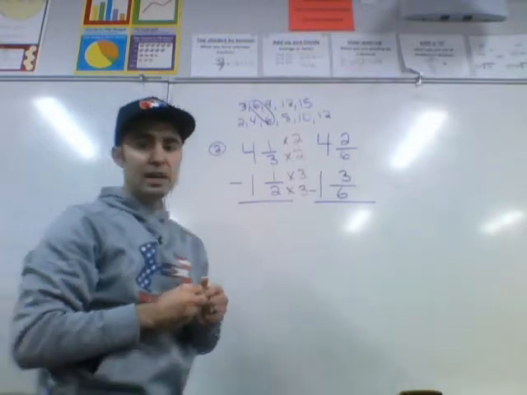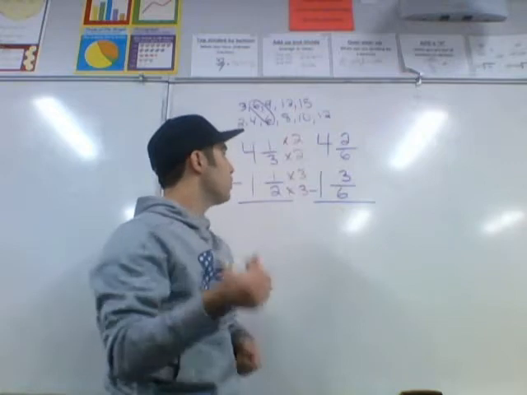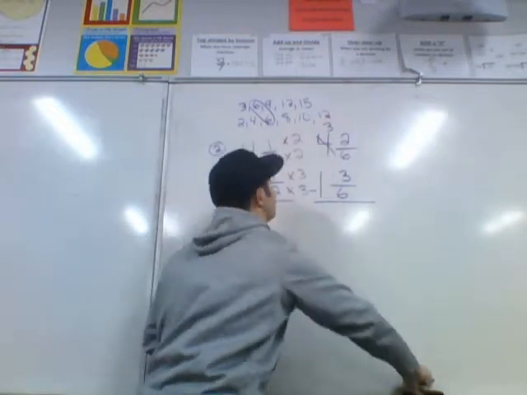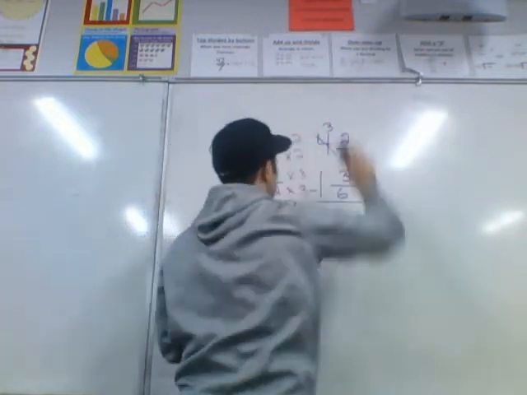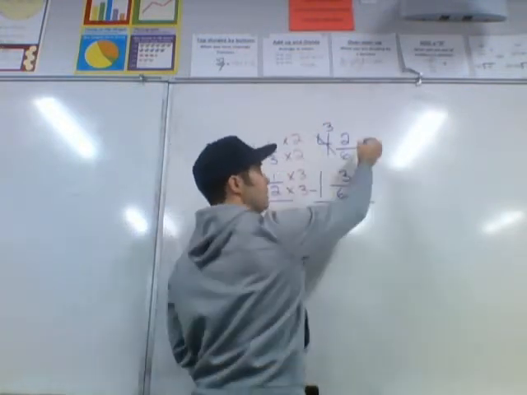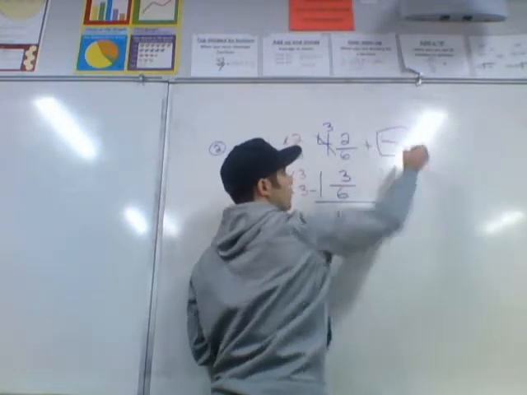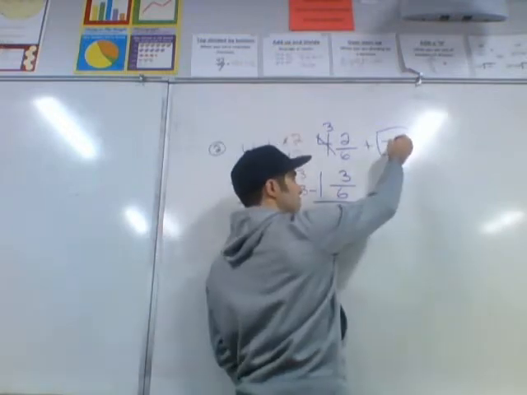Now, you cannot take 3 away from 2, so we need to borrow from the 4. The 4 now becomes a 3. Let's erase these numbers up here so it doesn't get too jumbled. Okay. Now I'm going to add a fraction over here that is equivalent to 1 and has a common denominator of 6.